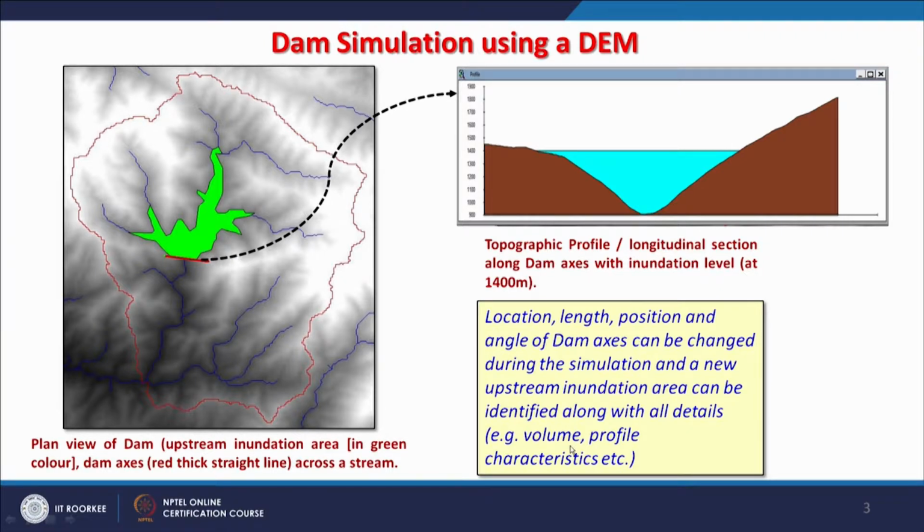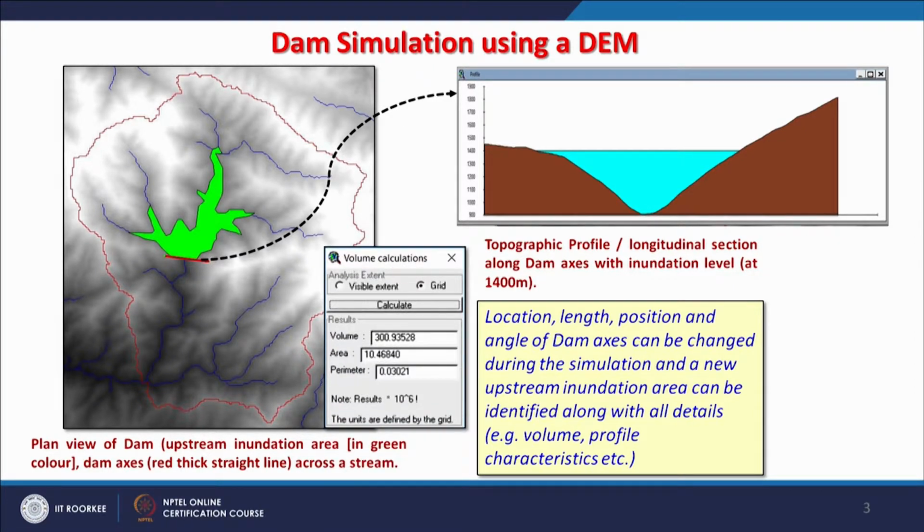That is the volume, how much water will be stored in this simulated dam, and other characteristics which I will just show you, so that you get the calculation of the total volume of water this reservoir will store, how much area will get inundated, and what would be the perimeter in mapping scale.